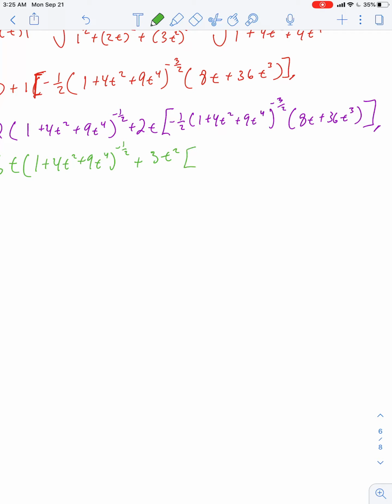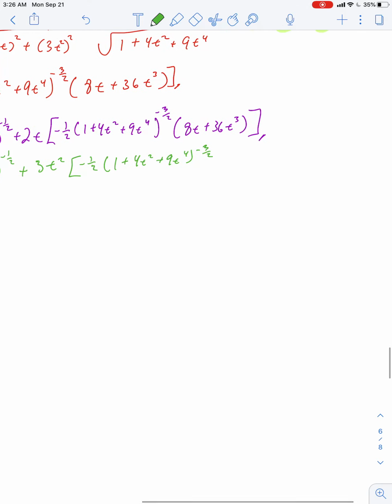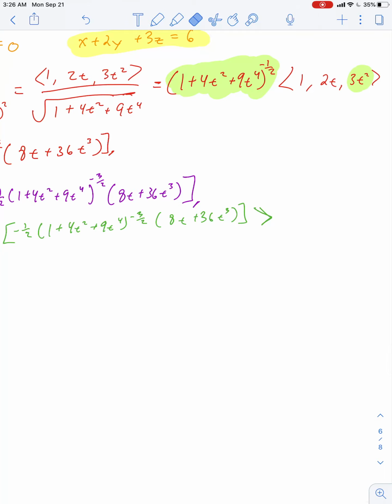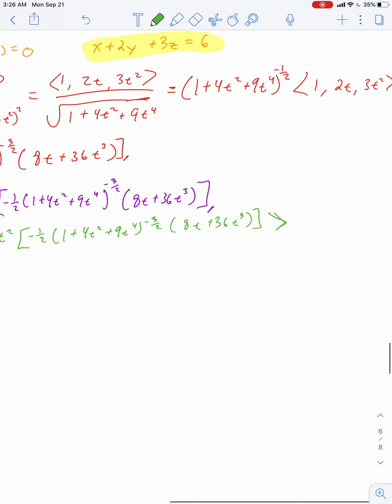So we have 3t² and then negative 1/2, (1 + 4t² + 9t⁴)^(-3/2), 8t + 36t³. Don't need that comma because that's the end of the vector.